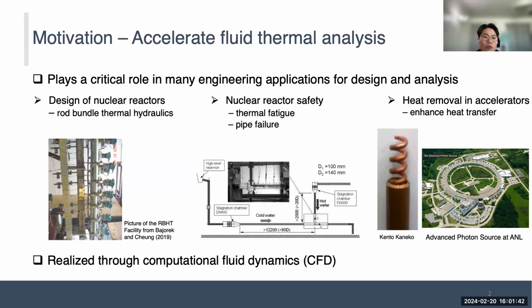And for nuclear reactor safety, nuclear engineers have to know where thermal fatigue happens in the pipe to avoid pipe failure and enhance safety. Or you want to design the wire coil to enhance the heat transfer to further remove the heat in the accelerators. And we like to realize those design analyses through CFD.